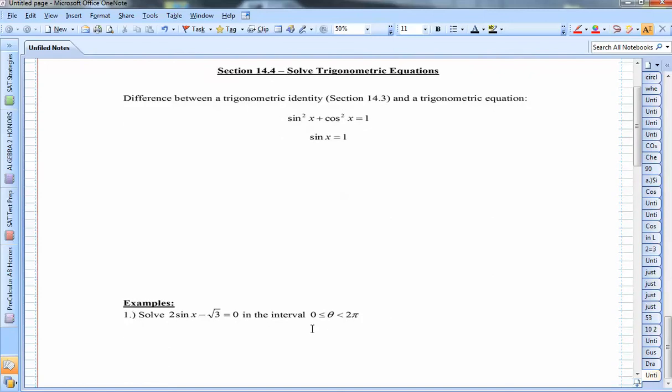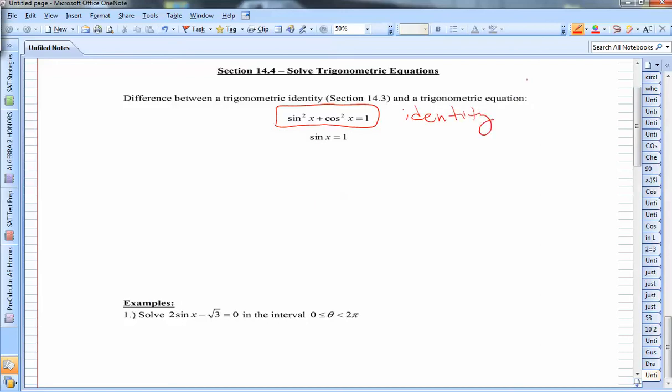Before we do that, we do want to talk about the difference between a trigonometric identity and a trigonometric equation. So here, this would be an identity.